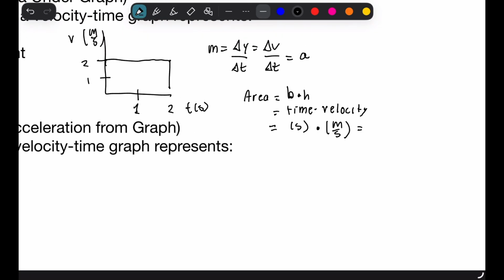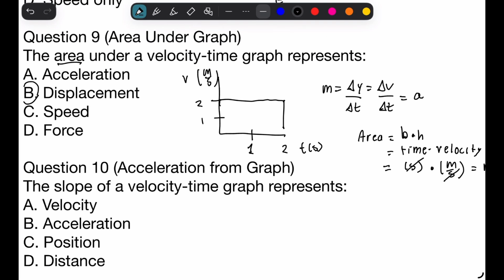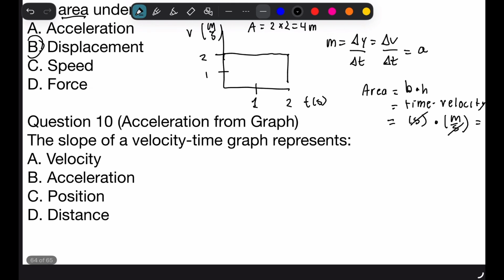So this is going to be equal to m, because those seconds will cancel out. And what do we know has the units of m? Well, displacement has the units of m. So that area is going to be equal to displacement. If you found the area under this curve, with a base equal to 2 and a height equal to 2, the area would be 4 meters of displacement.